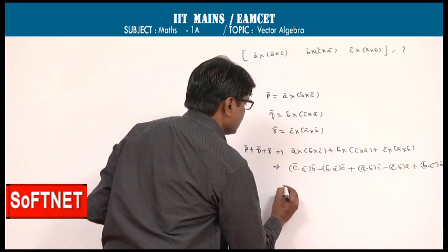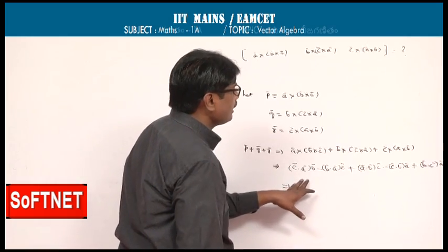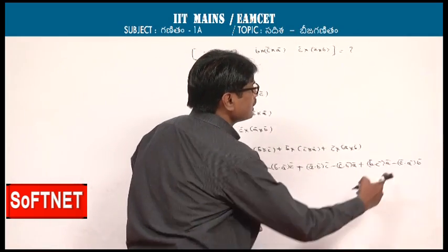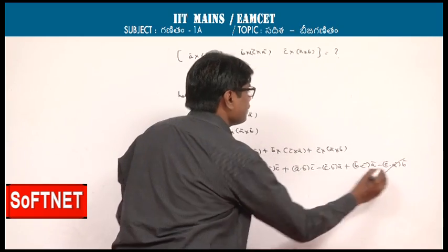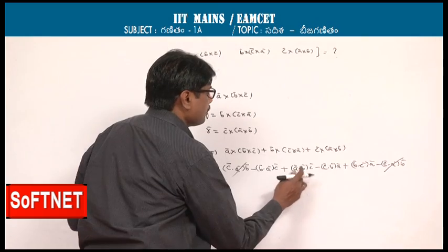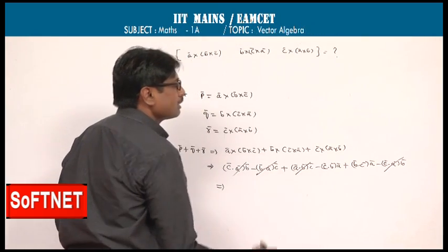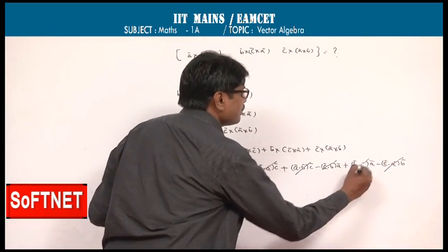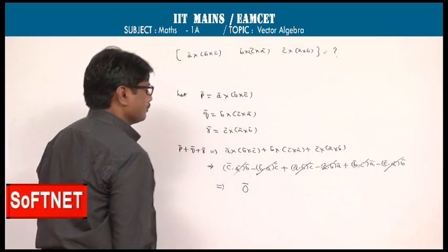And clearly notice that C dot A into B, C dot A into B with plus symbol, minus symbol cancel. B dot A into C, A dot B into C, dot product follows the commutative law. These two will be 0 and we got 0 bar.